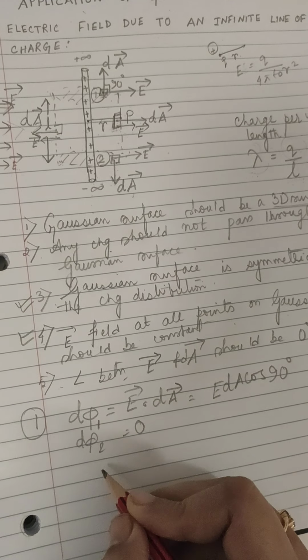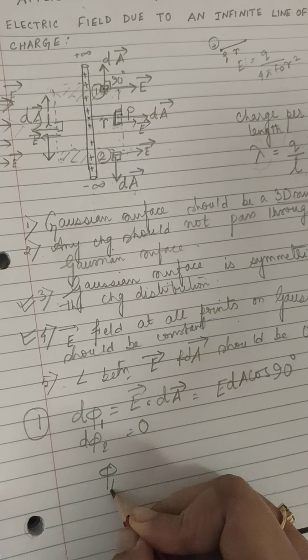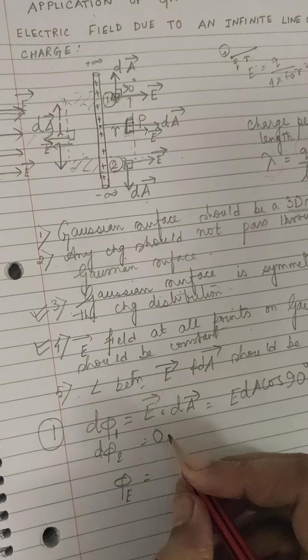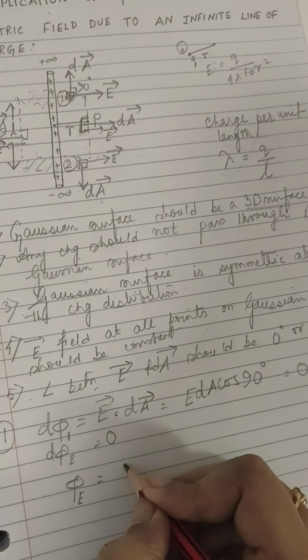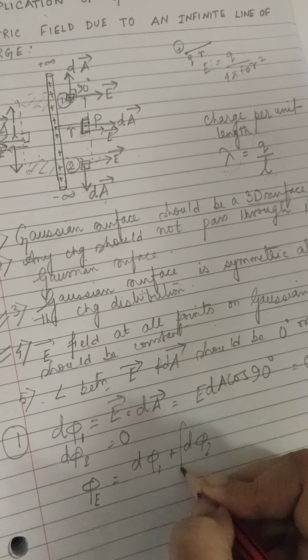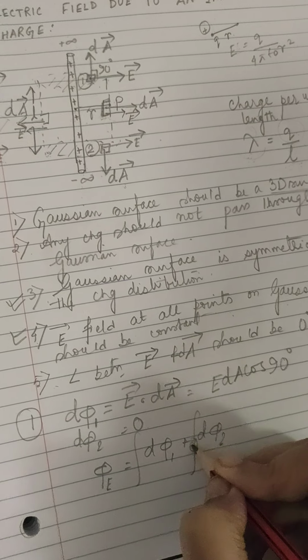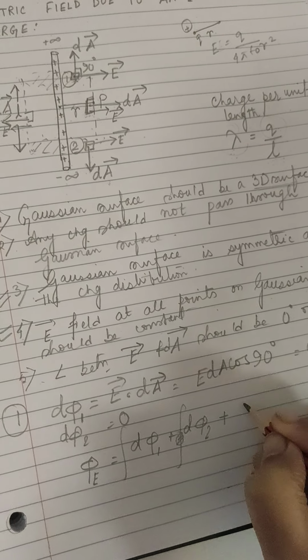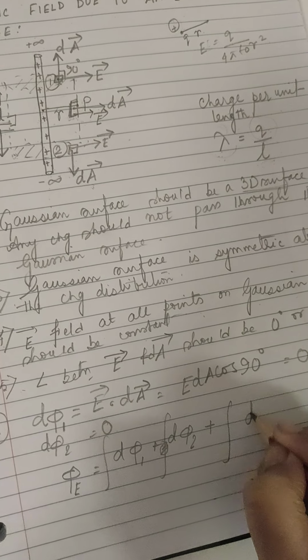Okay, so I find out the total electric flux through the entire cylinder. That will give me d phi 1 plus d phi 2, plus integration of d phi 3.